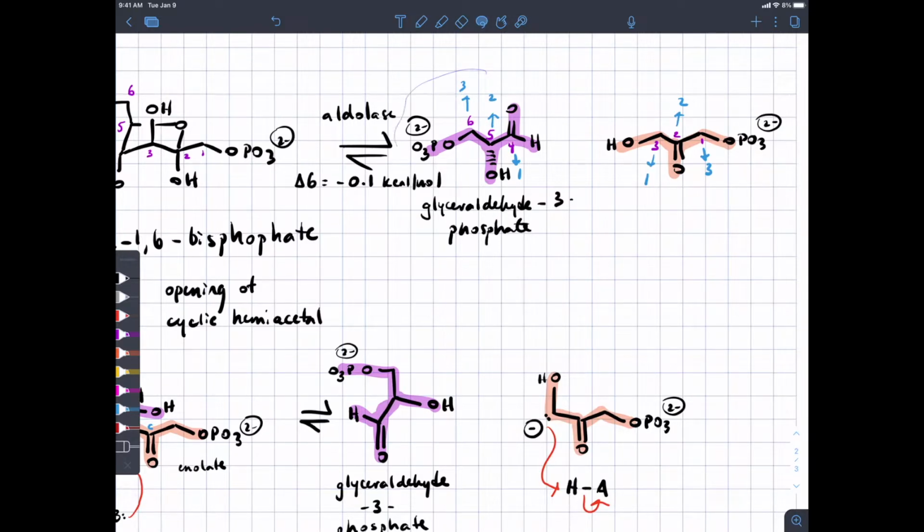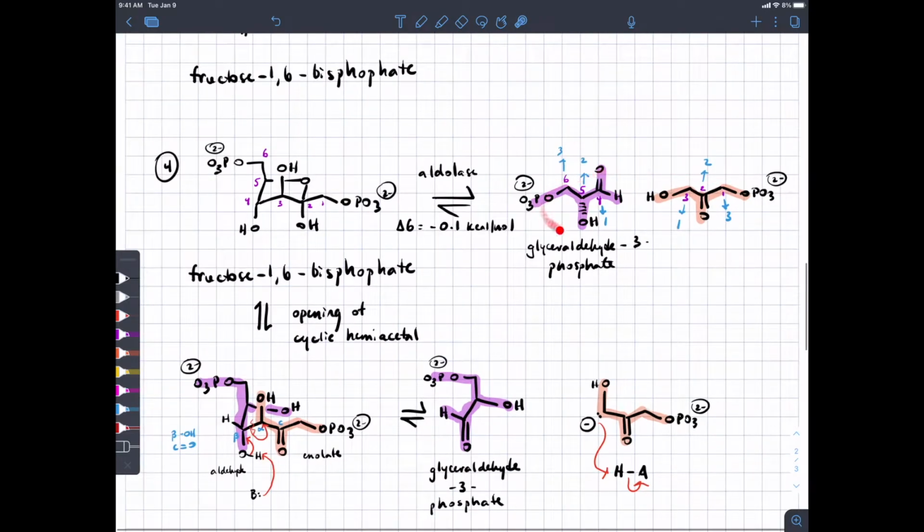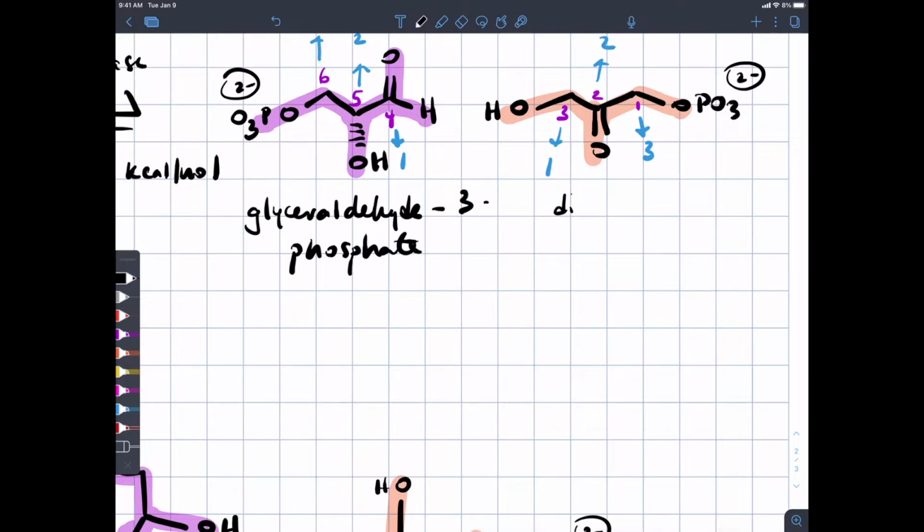And this illustrates a tradition in enzyme naming where you name the enzyme for one direction of the reaction, but it can also catalyze the reverse reaction, especially in this case where the starting materials and the products are basically equal in free energy, which is why we don't call it a retroaldolase. Somebody first described it as an aldolase because it could catalyze the reaction of these two starting materials to fructose 1,6-bisphosphate.